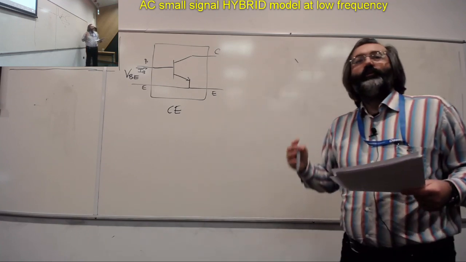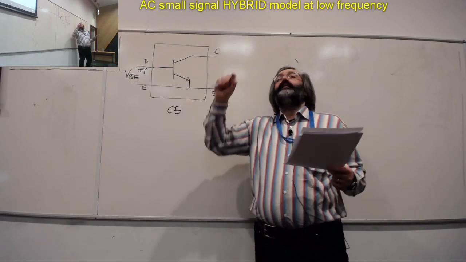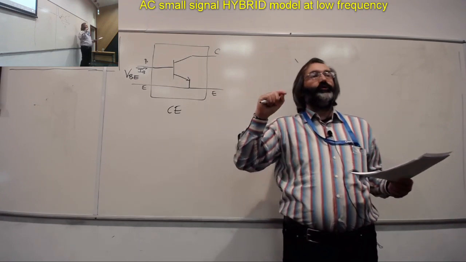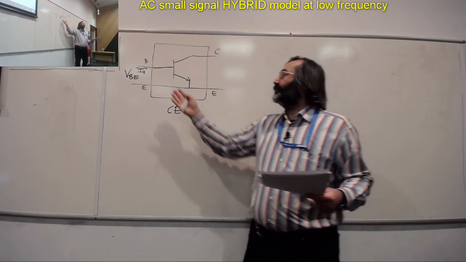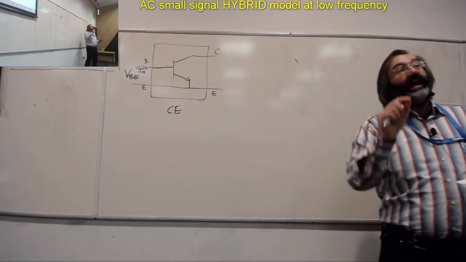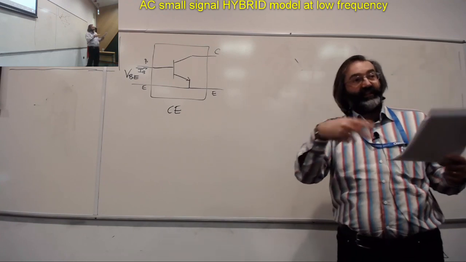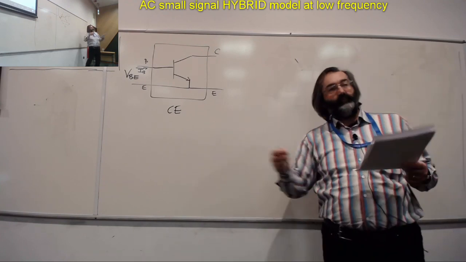Now what we want to do is to add to these quantities a little AC signal on top. So we will assume that all these quantities now have a DC part plus a small AC part. That's where the small AC signal model comes in.